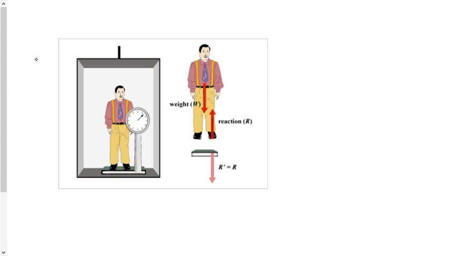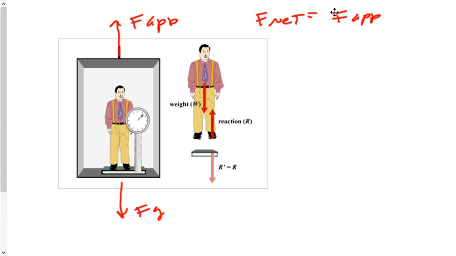Let's look at the entire system together. There would, of course, be a force applied going upwards, and then we have force gravity going downwards. Our driving net force equation is then force applied minus force gravity.